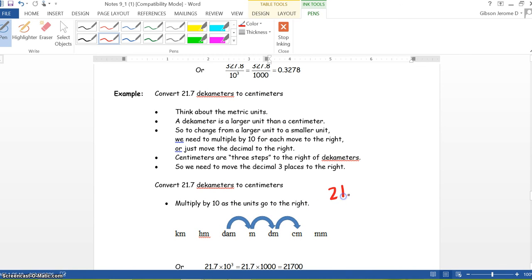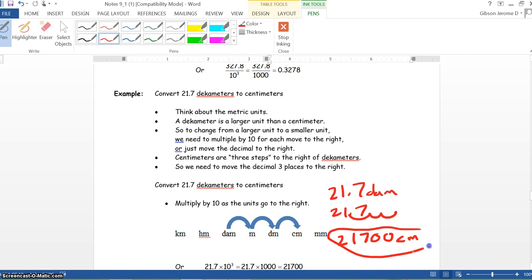So what we could do here is this. Now we want to change this decameters to centimeters. So we would take 21.7 and move it 3 places to the right. So it'll give us 21,700 centimeters. And that will be your final answer.